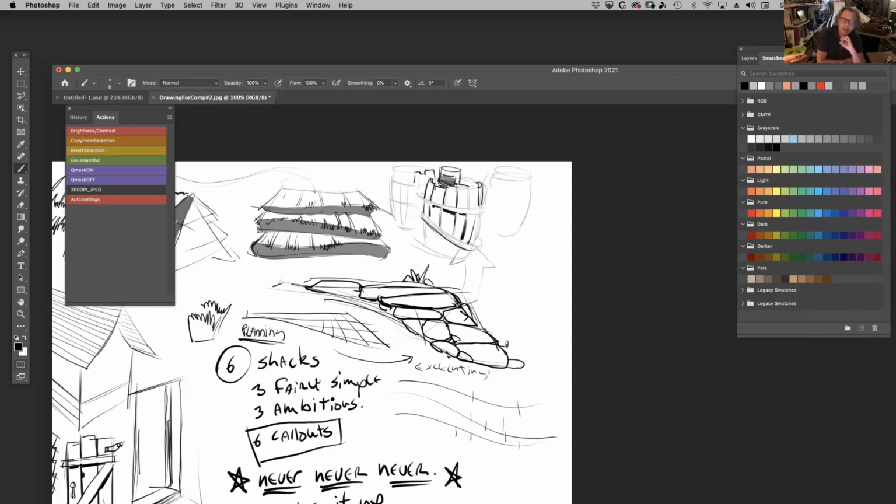So by breaking it down into two stages, what I'm doing is giving myself one design, which is volume and shape.